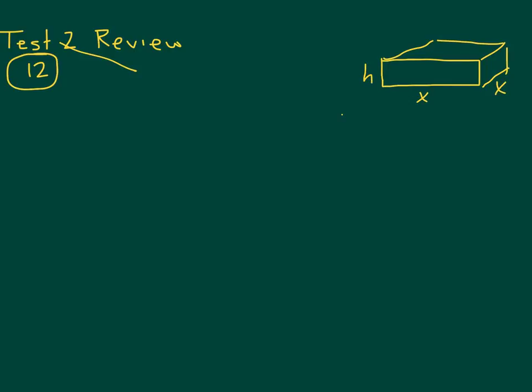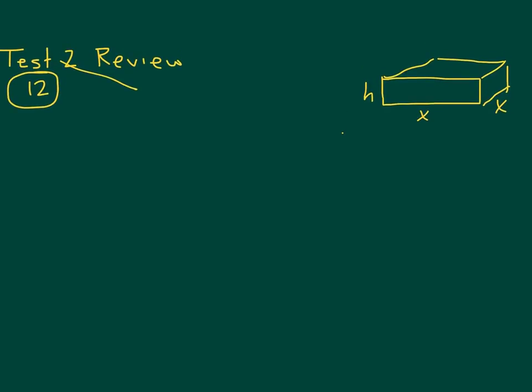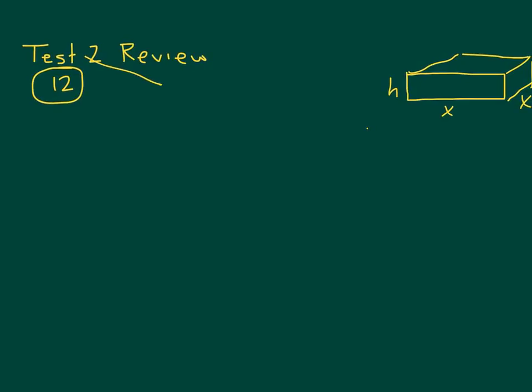So what we know about this relationship between the h and the x, we know the volume of the box is 98 cubic inches. So that means that h times x squared has to be equal to 98, because the volume of a rectangular box is length times width times height.